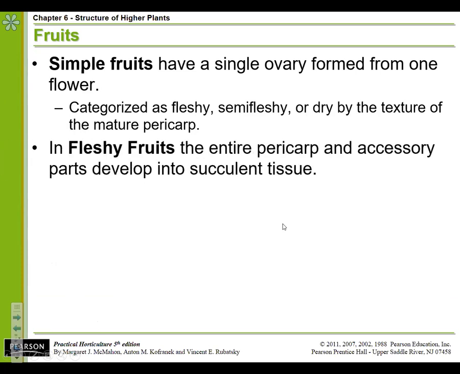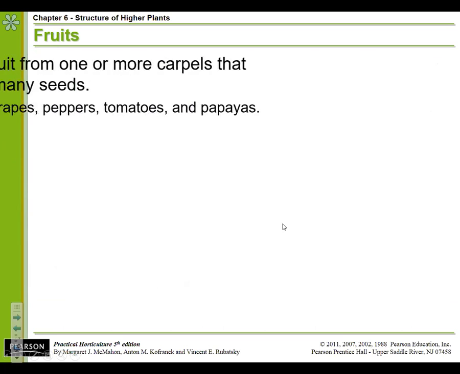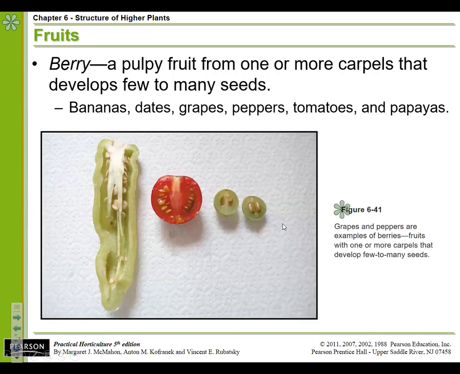In the fleshy fruits, that pericarp is developed into some sort of soft, succulent, kind of watery tissue. So a berry, for instance, is a pulpy fruit that has one or more carpels that develop few to many seeds. So bananas, dates, grapes, peppers, tomatoes, and papayas are all examples of berries.